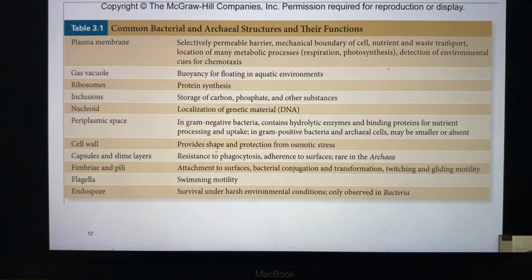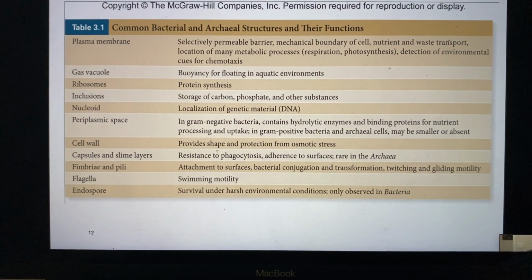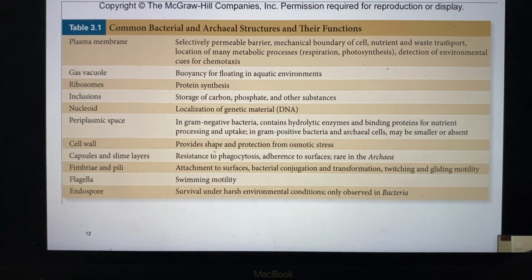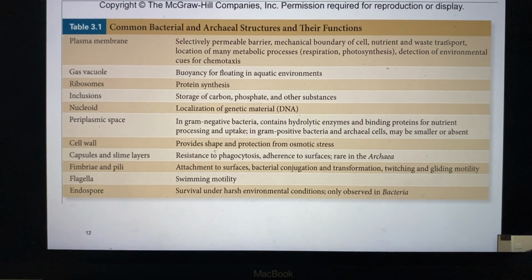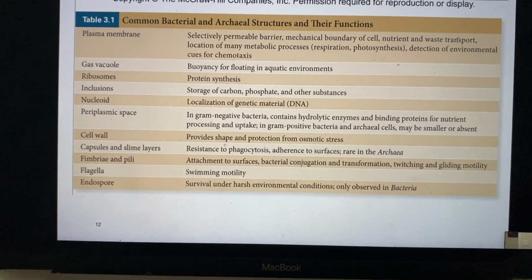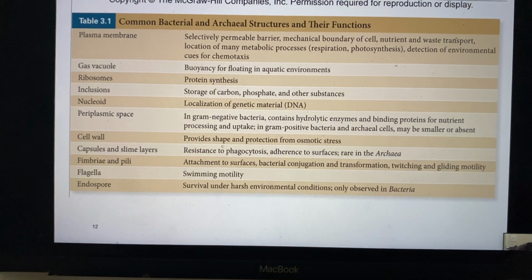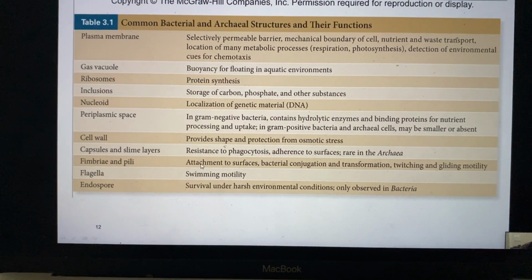So capsules and slime layers definitely help in warding off this phagocytosis. Also, slime layers are very well known to allow adherence to surfaces where they have to stick to the tissue when they are causing the disease, or when they are in an aquatic environment, they need to stick onto the rocks or stuff like that.